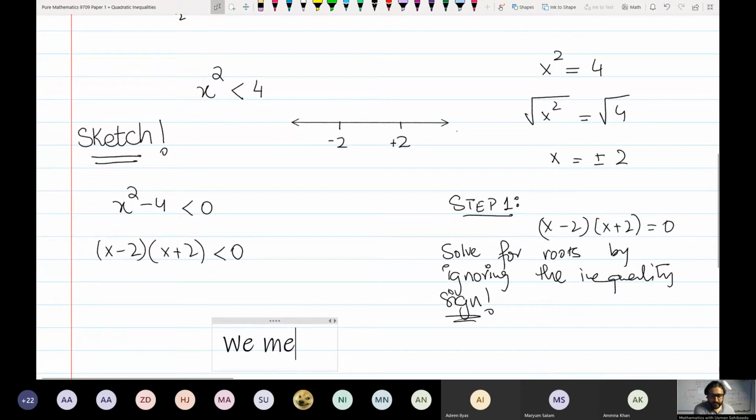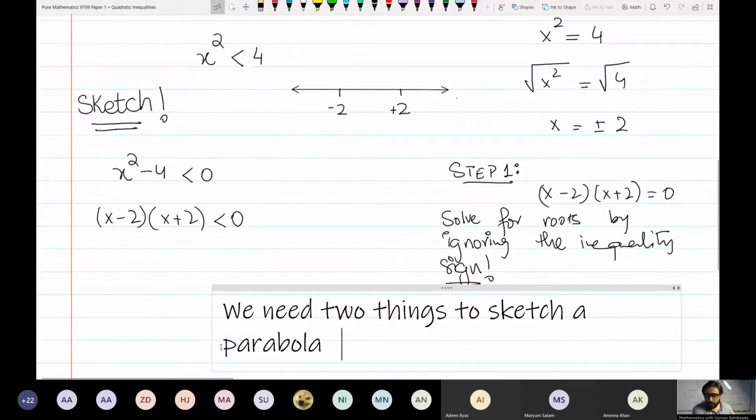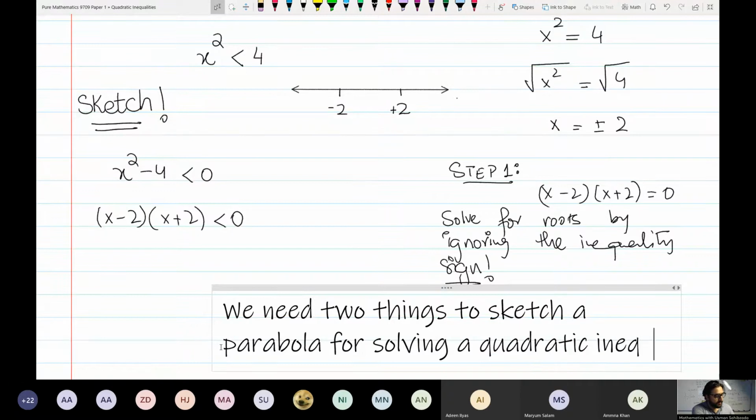We need two things to sketch a quadratic curve, a parabola, or to solve a quadratic inequality.